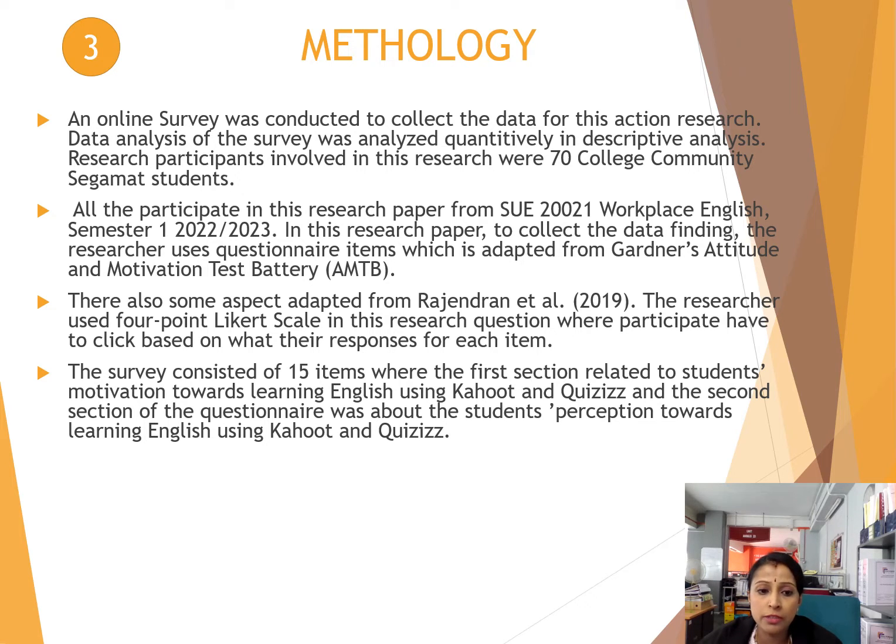The survey consists of 15 items. The first section is on students' motivation towards learning English using Kahoot and quizzes. The second section of the questionnaire was about the students' perception towards learning English using Kahoot and quizzes.